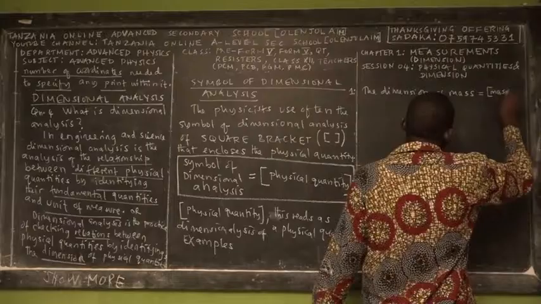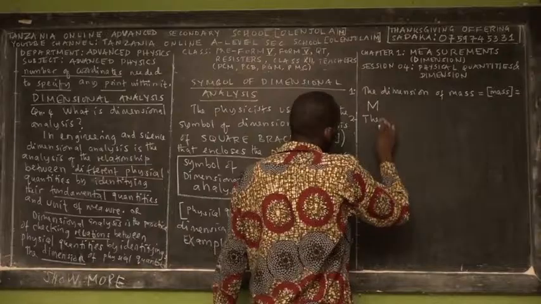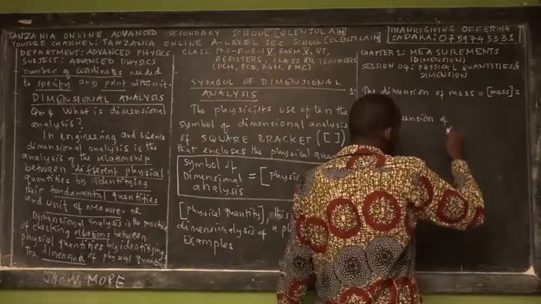The dimension is equal to capital letter M. Then the dimension of the second fundamental physical quantity, time, the response is capital letter T.